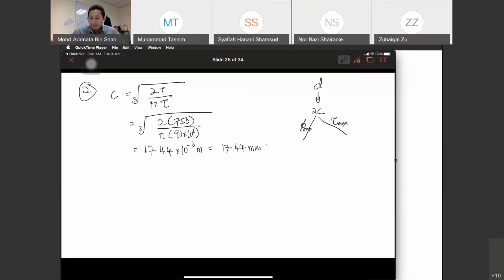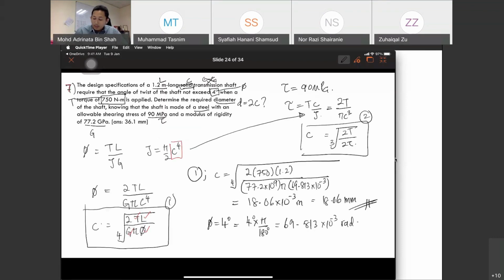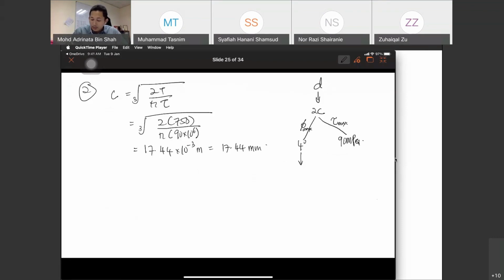Phi maximum is 4 degree and tau maximum is 90 megapascal. From this one you get your answers: this one is 18.06 millimeter, and for this one you get 17.44 millimeter.